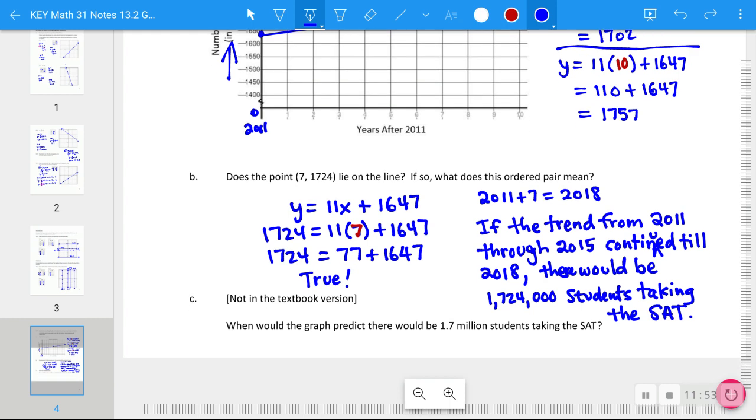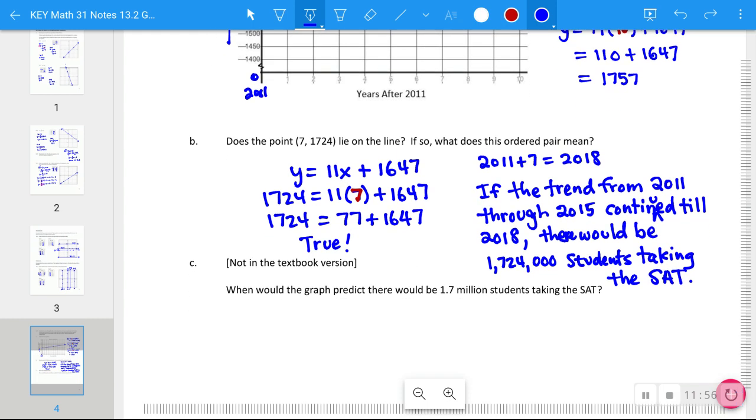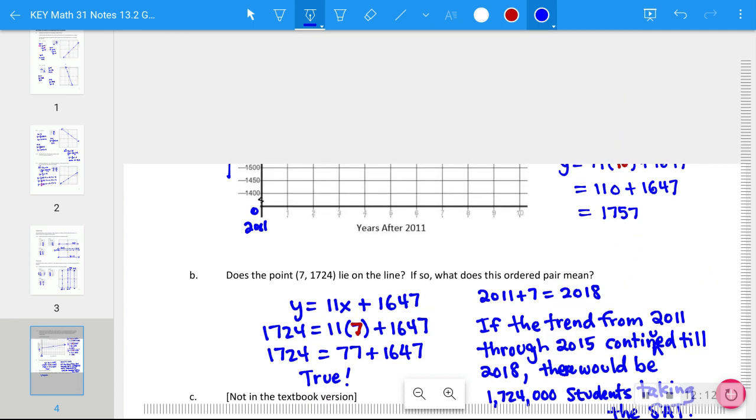Okay, the last thing here is when would the graph predict there would be 1.7 million students? Okay, so let's see what that would be. 1.7 million would be 1,700,000. So since the chart is in thousands, we're looking for the number 1,700.